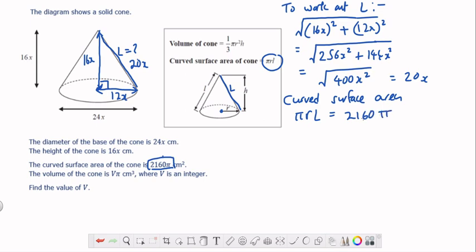Now, one thing we can do, we've got pi's on both sides, we can cancel these straight away. You can divide by pi on both sides. So that's what you're left with. RL is equal to 2160, but wait, we know the value of L already, we just worked it out, didn't we? It's right here. So that's R times 20x.